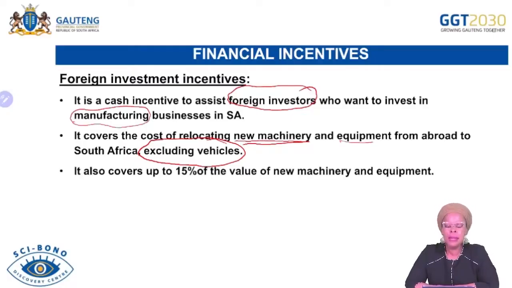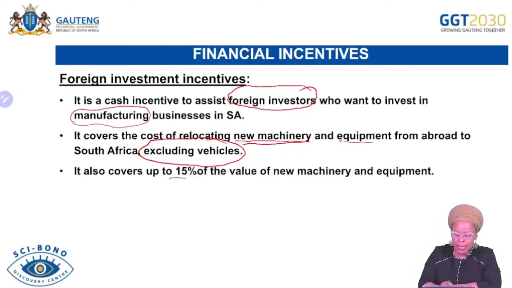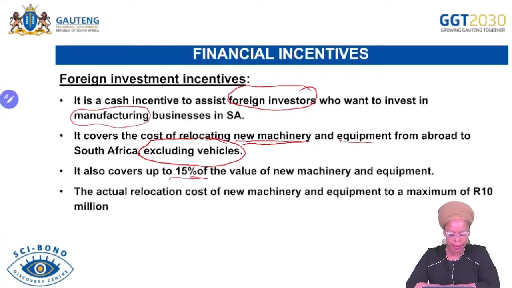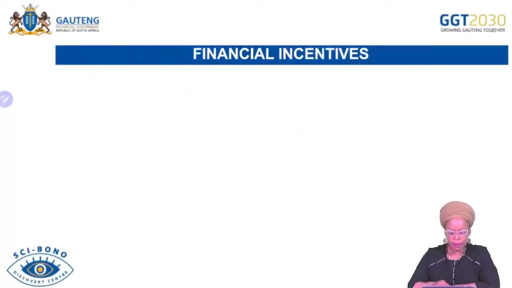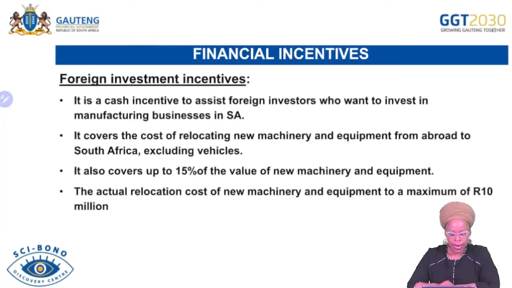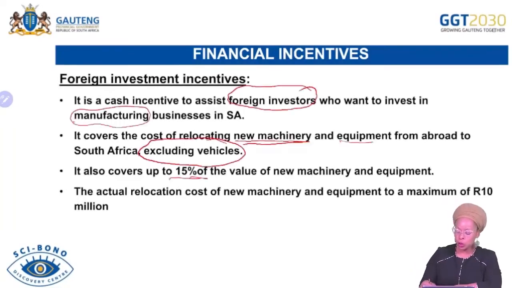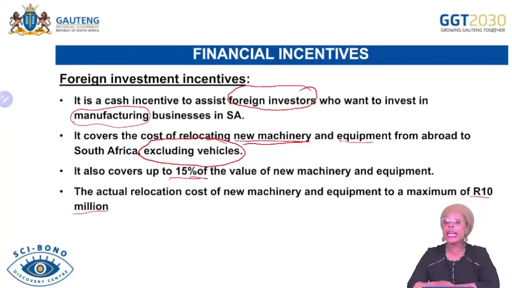And there's a limit. It covers up to 15% of the value of the new equipment or machinery. The actual relocation cost should not exceed 10 million rand. It should be 10 million and below.